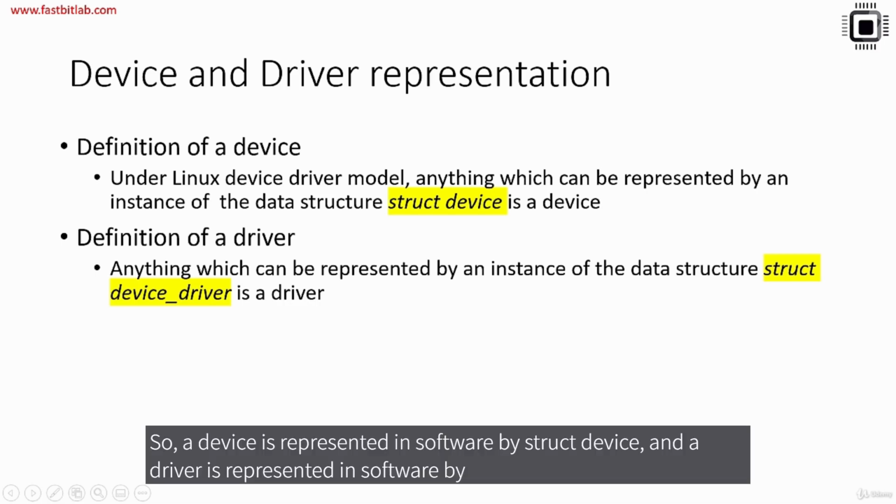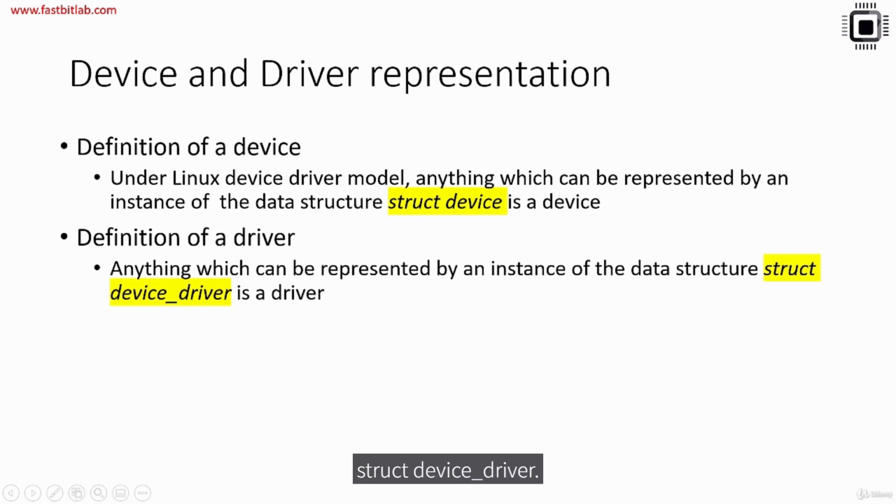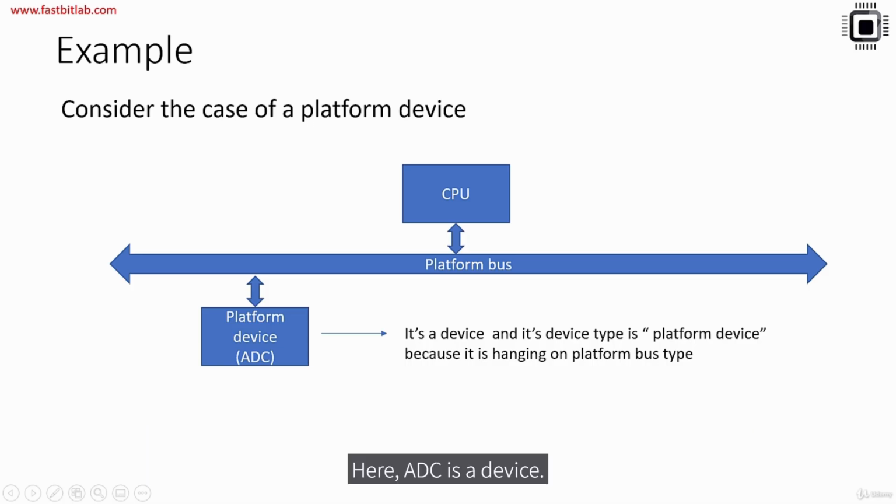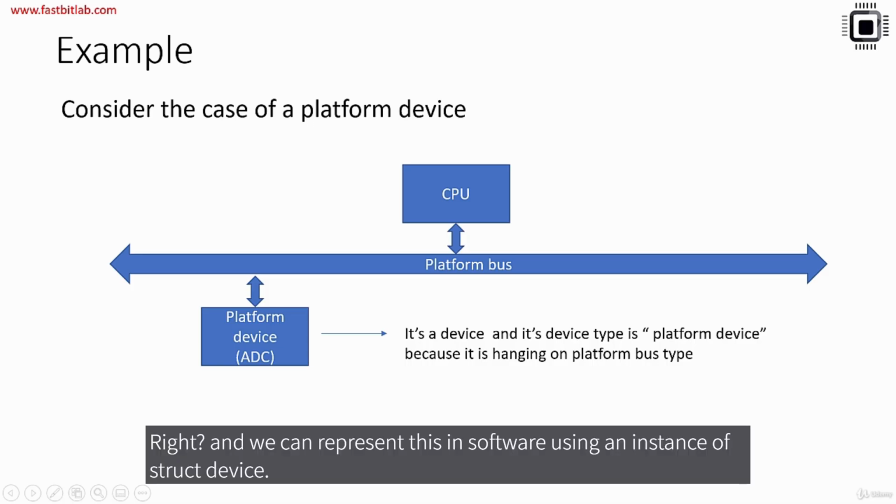So a device is represented in software by struct device, and a driver by struct device_driver. Let's consider an example of a platform device, such as an ADC device. Here, ADC is a device, and we can represent this in software using an instance of struct device.